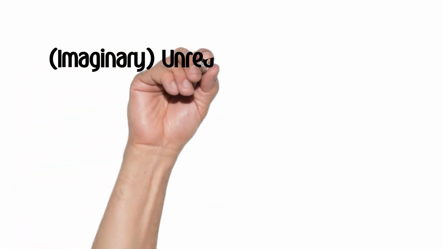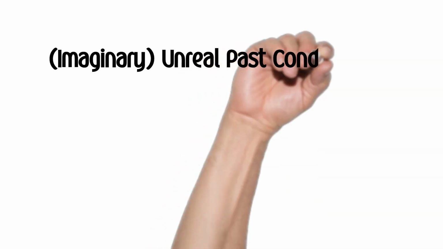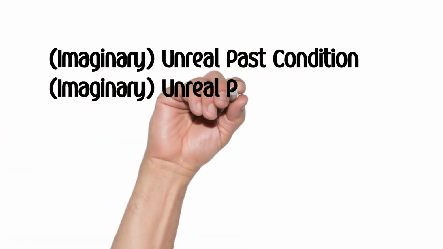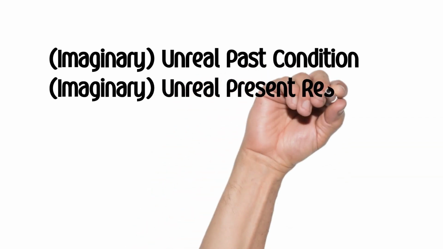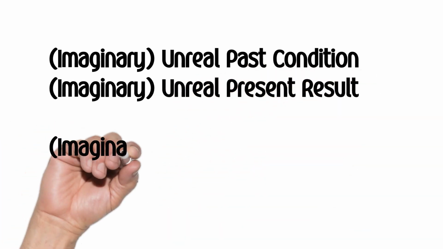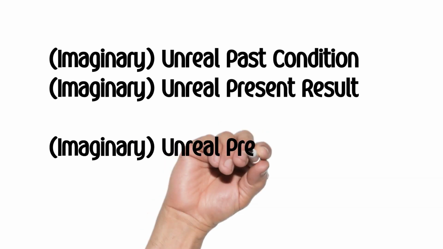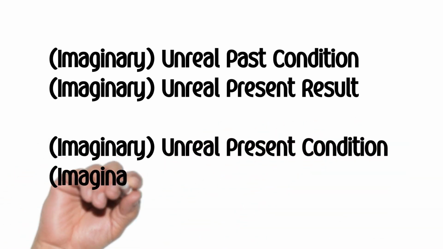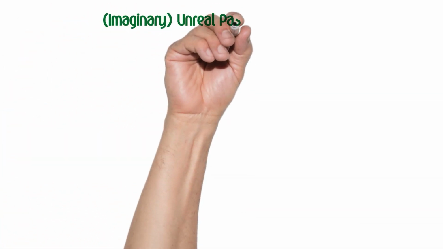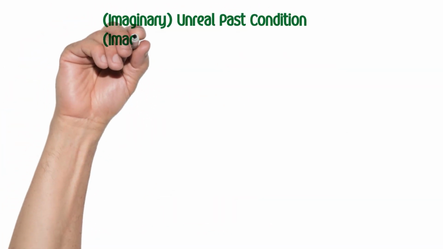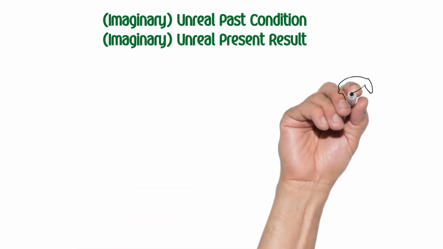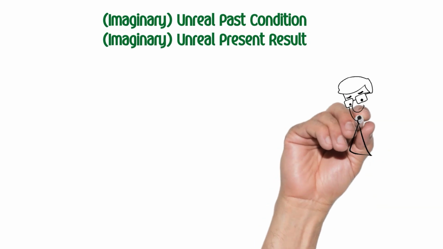It is imaginary again, unreal past condition, and an imaginary, unreal present result. Or we may have an imaginary, unreal present condition and an imaginary, unreal past result. Let's talk about an imaginary, unreal past condition and an imaginary, unreal present result.